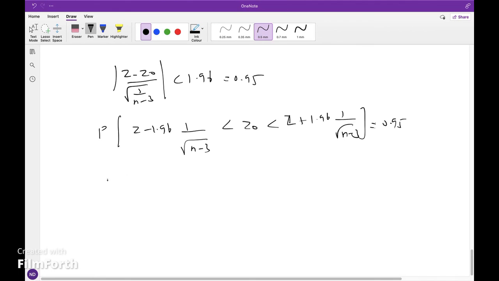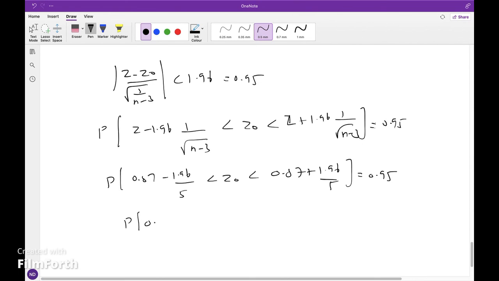So the probability P(0.87 - 1.96/sqrt(n - 3), that is 5, < z naught < 0.87 + 1.96/5) = 0.95.